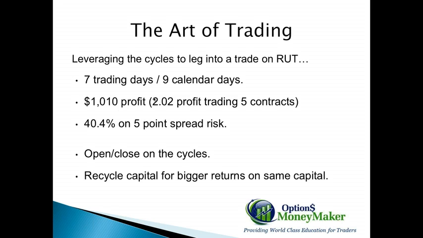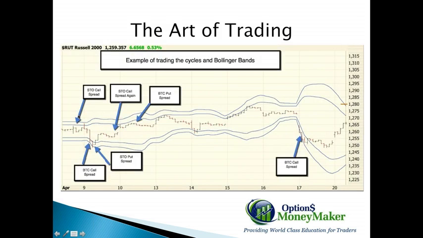So by taking in a $2.02 profit, we end up with a 40.5% return on that 5 points of spread risk. Open and close on the cycles. Get very comfortable with the cycles of movement on RUT, NDX, and SPX, and it allows you to recycle your capital over and over again for bigger returns on the same capital.